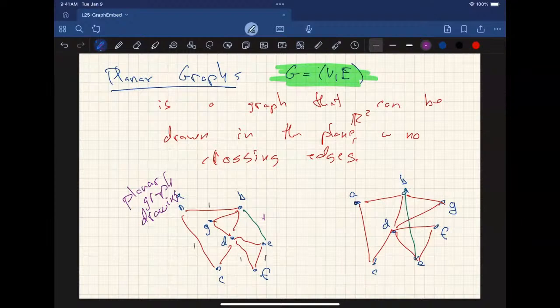I would like them all to be of length 1, and then you put a spring force so that if the length deviates from 1, it gets a penalty, and then you allow the vertices to move. This used to be called a simulation of the physics. Now you'd call it gradient descent. And so you move the points around until the spring force equalizes. And there's certain knowledge that under some types of graphs, if you run a spring minimization algorithm, it will draw them planar. But that's not always the case.